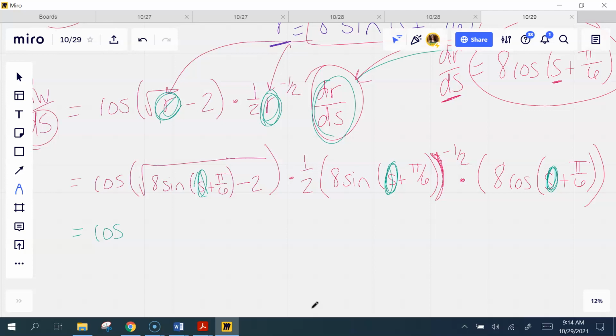But still. All right. Cosine of the square root of 8 sine pi over 6 minus 2. Oh, you're right. Wait, what are you doing?